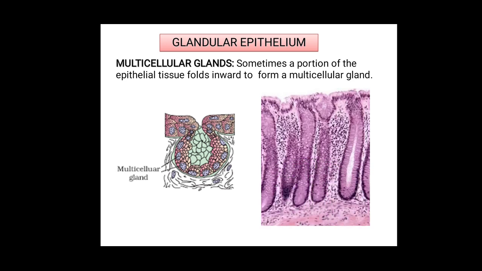This is a picture of the multicellular glands. They can be in your salivary glands, in your intestine, or for example sweat glands or oil glands in your skin. All these are multicellular glands.